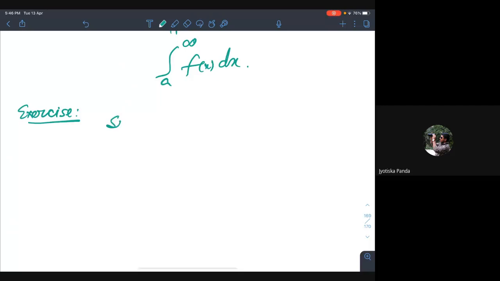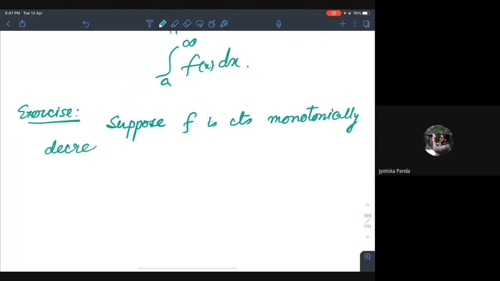Suppose f is a continuous, monotonically decreasing function on 0 to infinity, and assume f is greater than or equal to 0, non-negative.